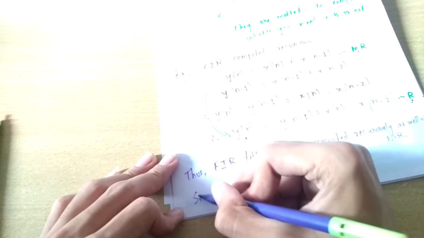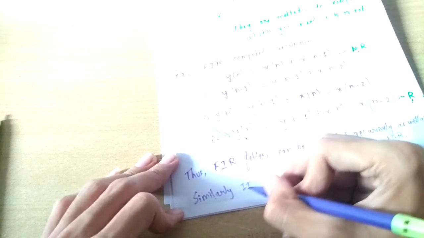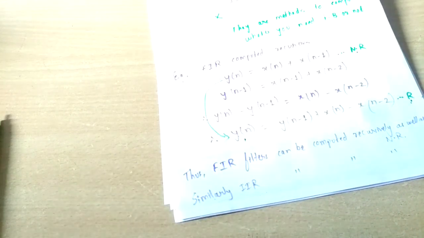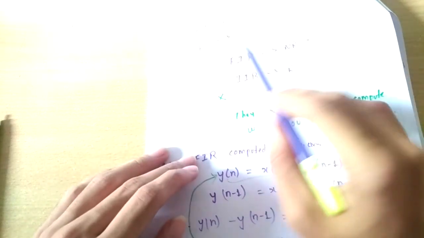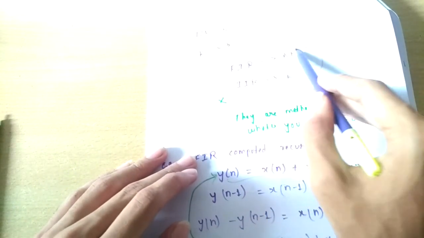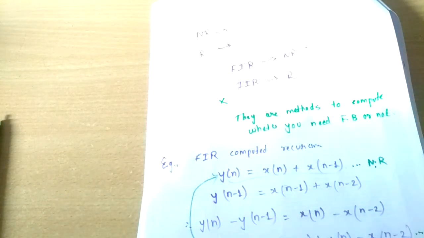And similarly you can prove, this is homework for you, that IIR filters also can be computed recursively as well as non-recursively. But in general, as I said, it is convenient to compute FIR realization non-recursively and IIR realization recursively, but it is not always the case.